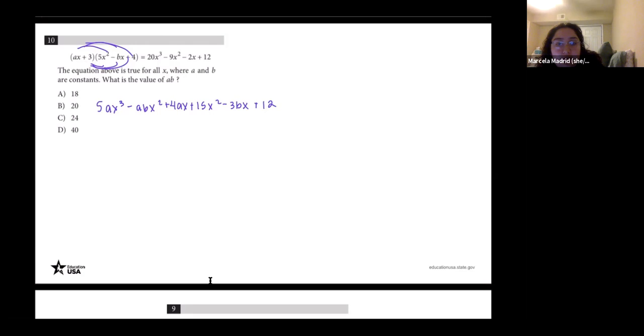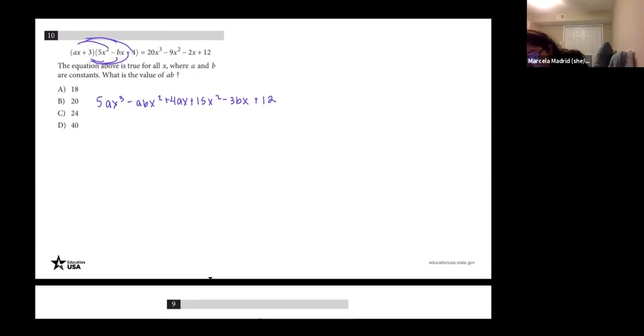And since both of the equations are equal to one another and you're trying to solve for AB, then you can just take minus abx squared plus 15x squared equals minus 9x squared.